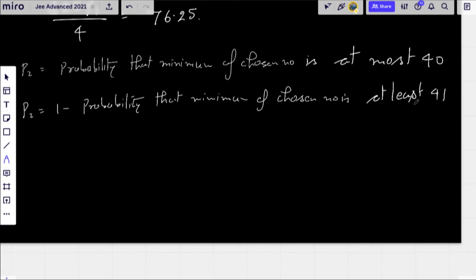So at least 41. So that is 1 minus 60 by 100 to the whole power 3.